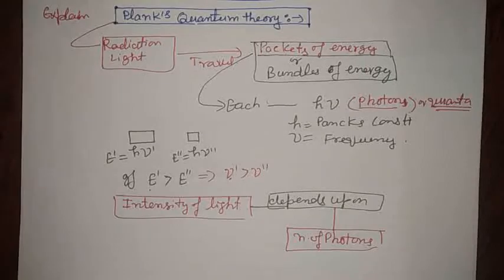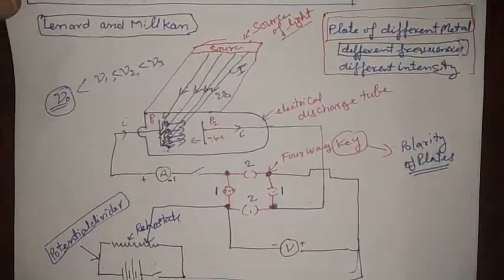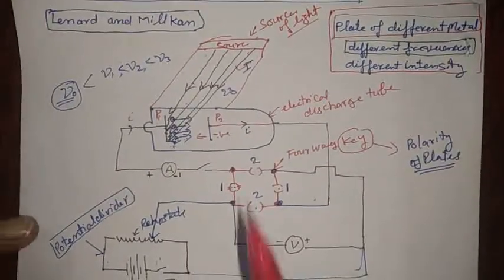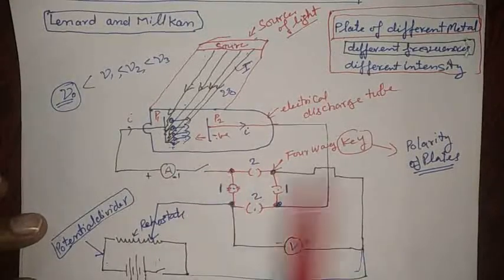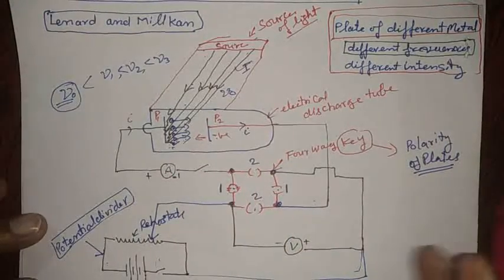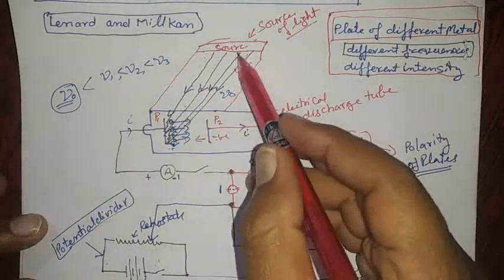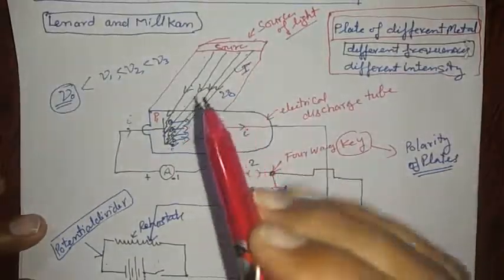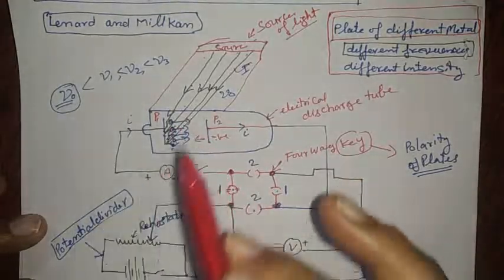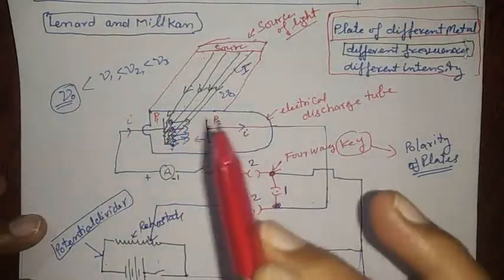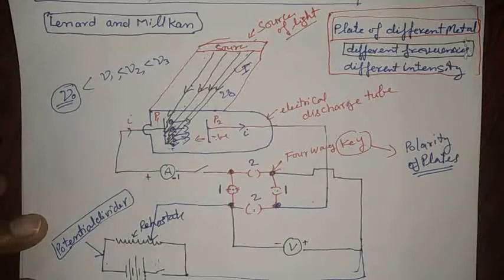According to this theory, in the Lennard and Millikan experiment, which I explained in the second part of photoelectric effect, when light is allowed to fall, this light falls in the form of packets of energy on plate P1.